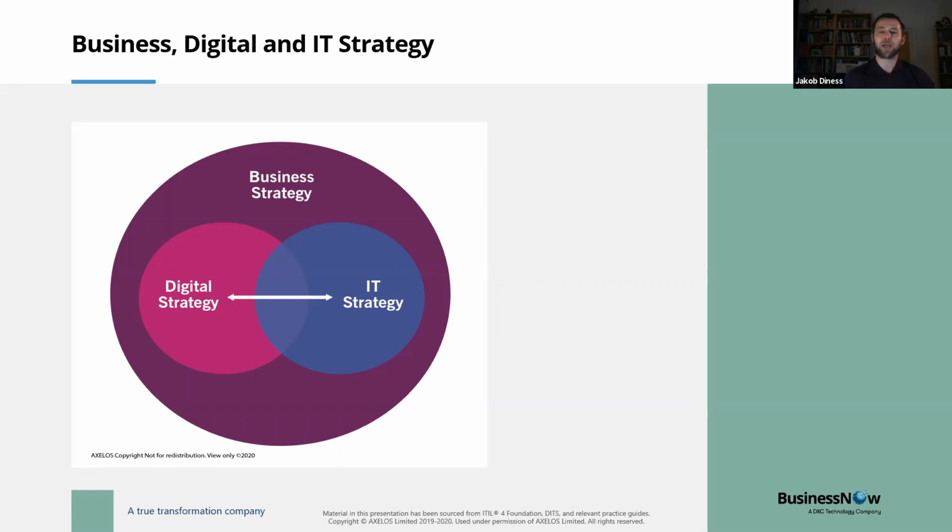That is a different way to see it than as separate entities. The IT strategy is still something about how you use your technology, but your digital strategy is how do you position yourself as a company, and how do you take in emerging technologies, for example. So here you can see that the digital strategy can be part of the business strategy, not a separate entity.